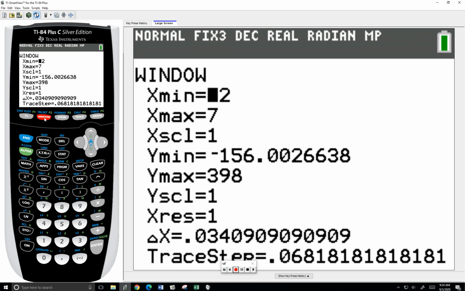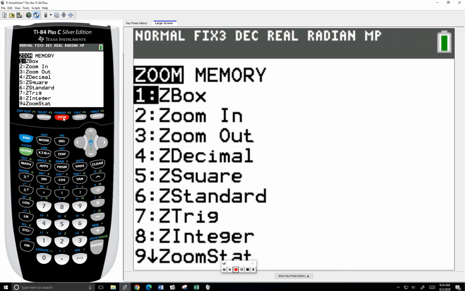Then I hit the zoom key, and the feature I want is called zoom fit. It's like 9 keystrokes down the page, so I hate hitting the down key that many times, so I just press 0. So zoom 0 is what I want, and then the window will adjust automatically.